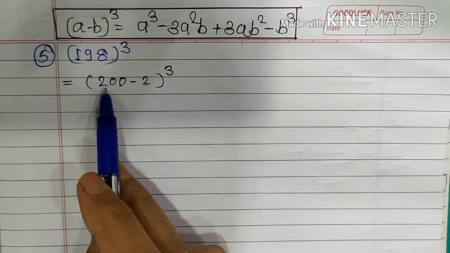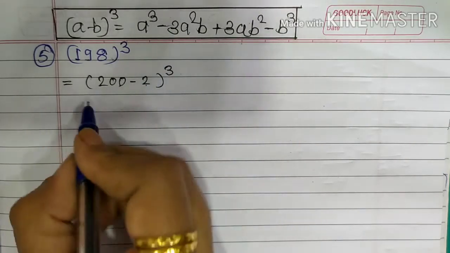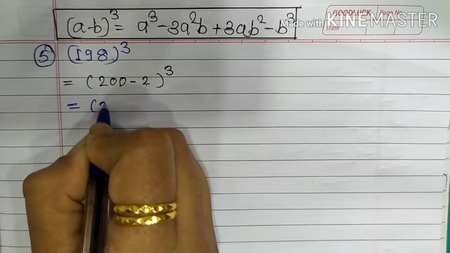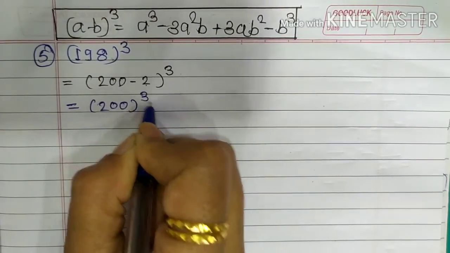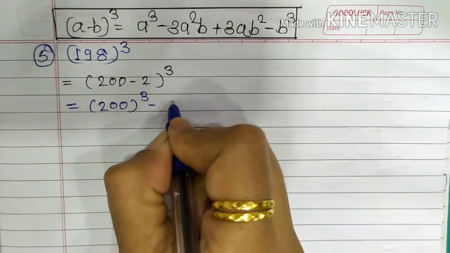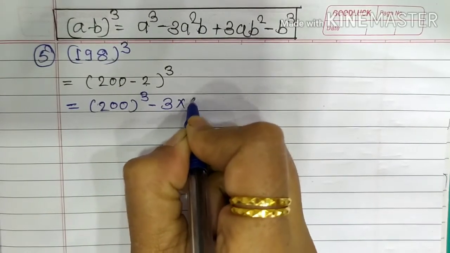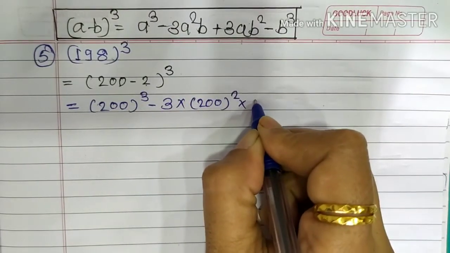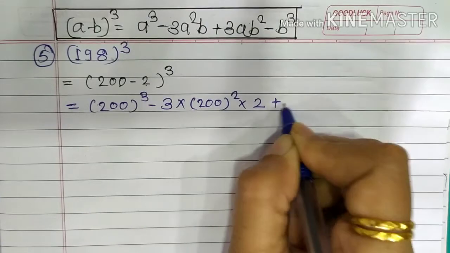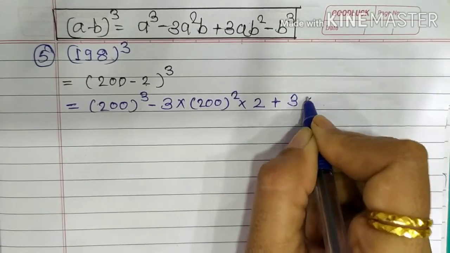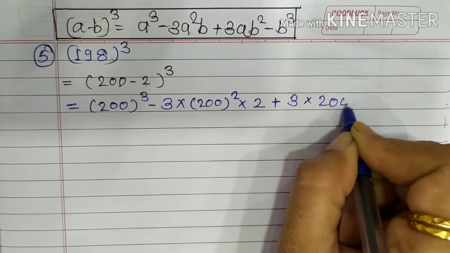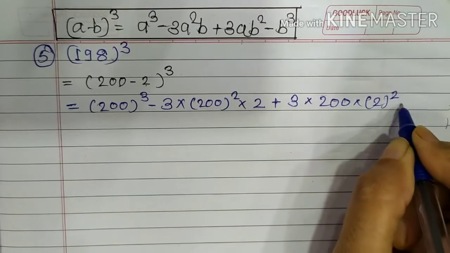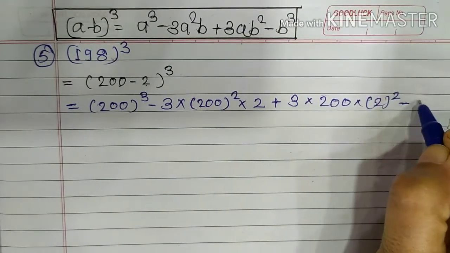So by using this formula we make the cube of first term, 200 cube, minus 3 into first term 200 square into second term 2, plus 3 into first term 200 into second term 2 square, minus second term cube.